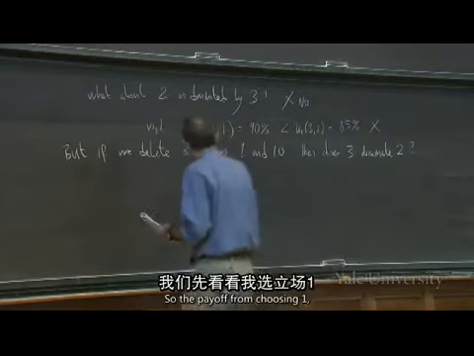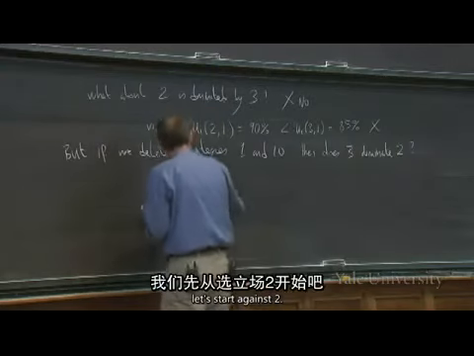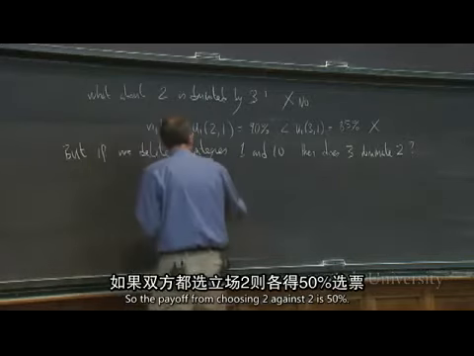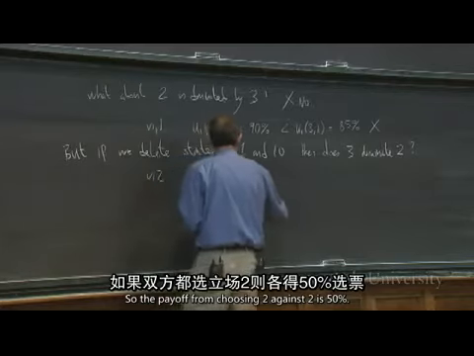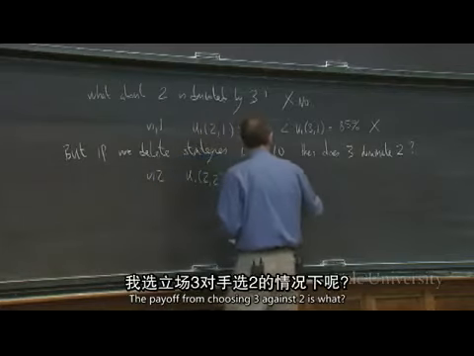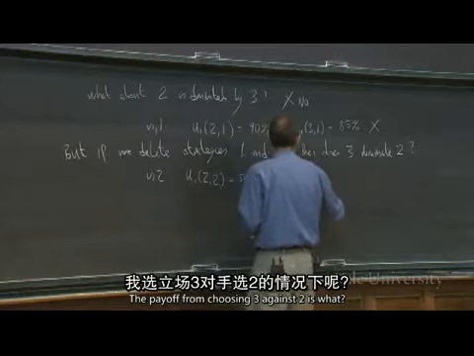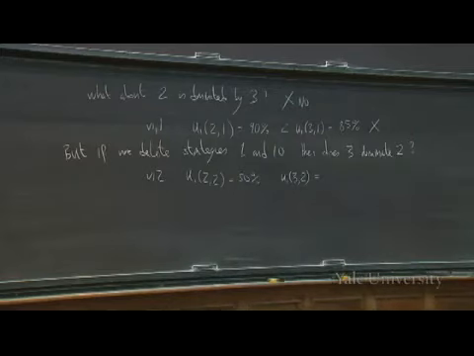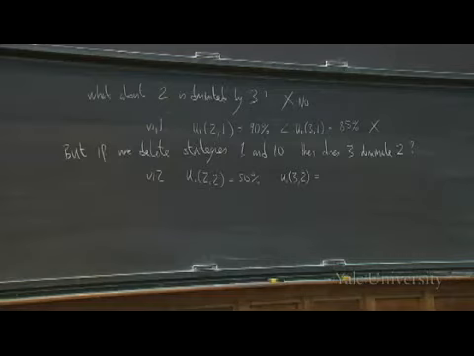So the payoff from choosing 2 against 2 is 50%. What's the payoff from choosing 3 against 2? 80%, right?